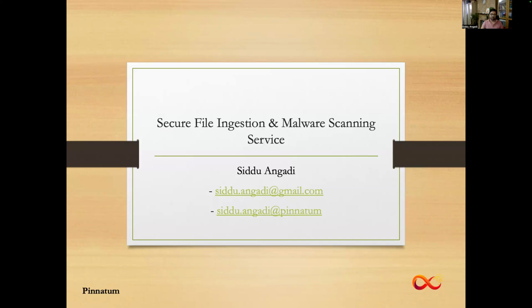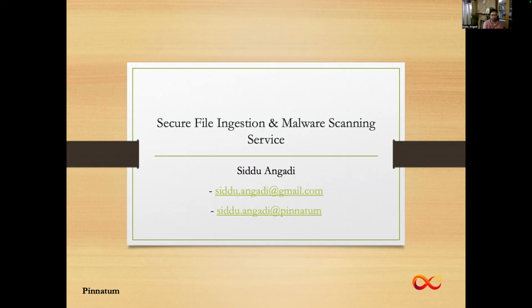There is a use case where we get files from external customers, all coming through the internet. They come to our AWS S3 bucket, and after that we use ClamAV, an open source antivirus, to scan the file and see if it is infected.